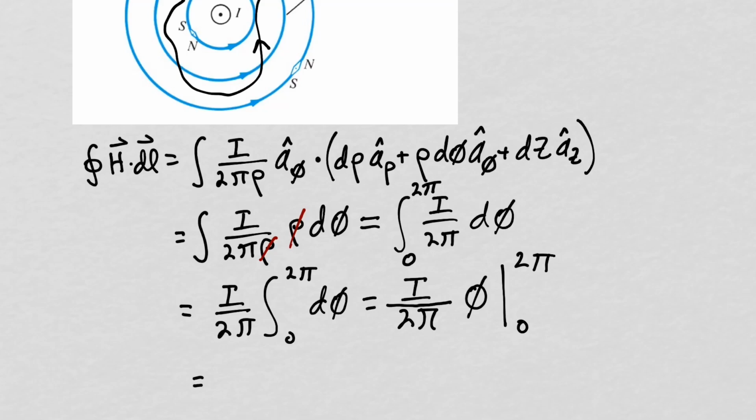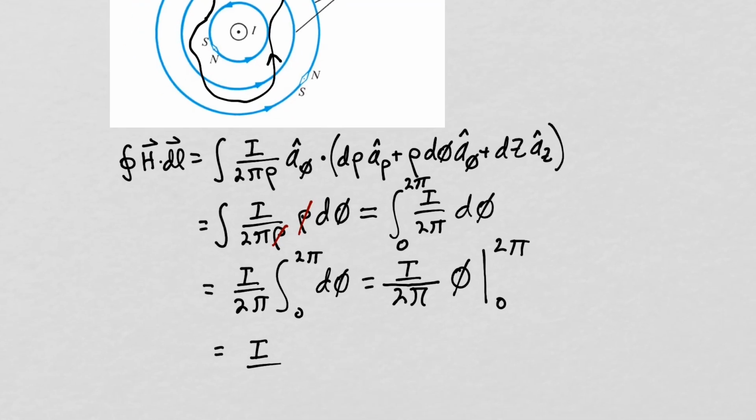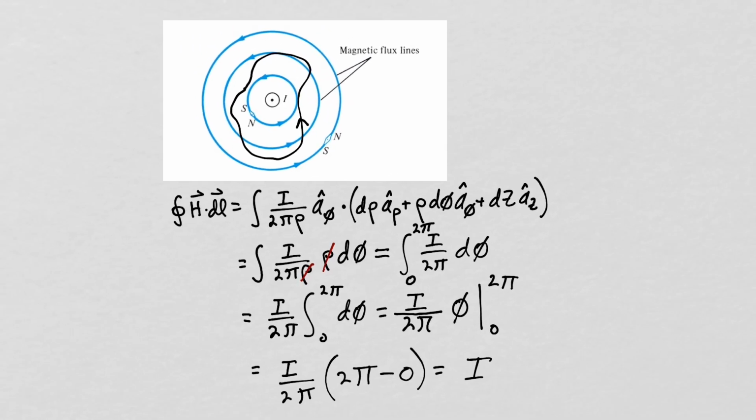So we have I over 2 pi times 2 pi minus 0, or I. So for any path we pick where the closed path encloses the wire, the integral of H dot dl will equal the current flowing through the wire.